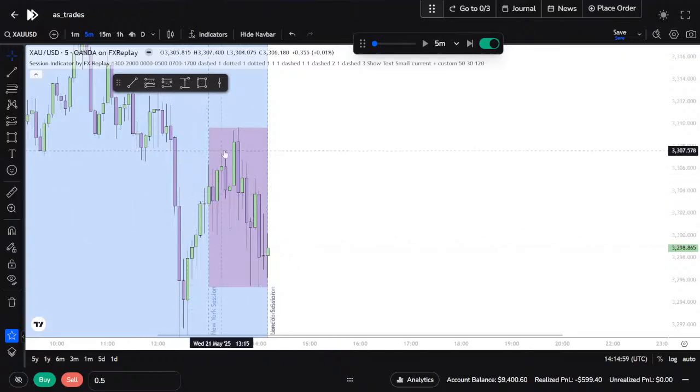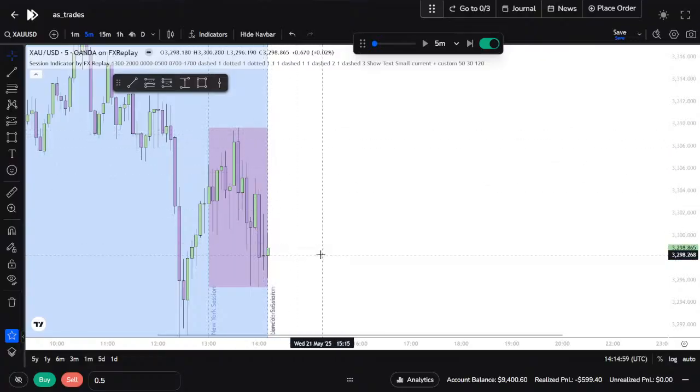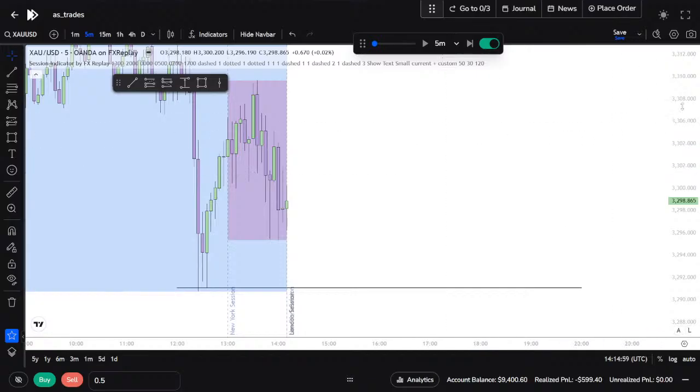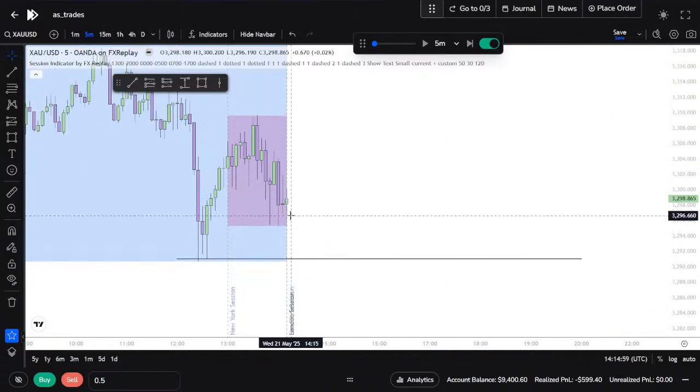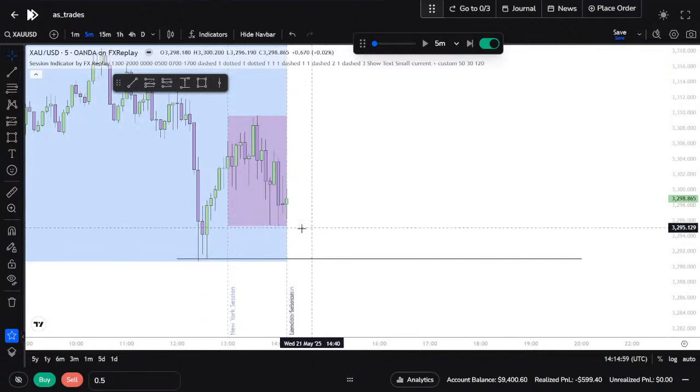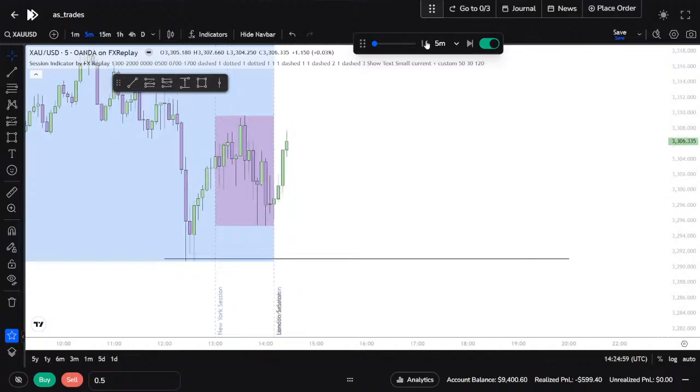If it was broken here, because it closed above the fair value gap, this technically should be turned into a bullish fair value gap. But it went down. So hopefully it's gonna take out this low and we'll look for signs of reversal, aim for areas of liquidity or not.